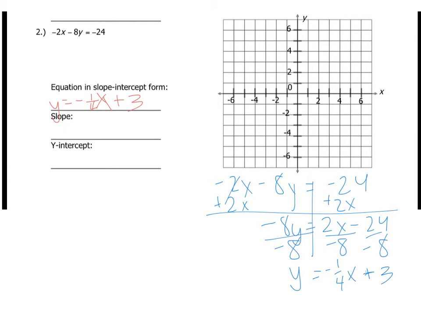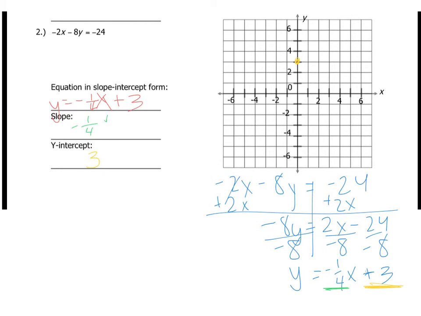So our y-intercept, that is the b. Our y-intercept is positive 3. Our slope is negative 1/4. So we need to plot our y-intercept. Y-intercept is where it crosses the y-axis, and this one is positive 3, so we put a point at positive 3. Notice how our slope is negative. All that means is we go down instead of up.